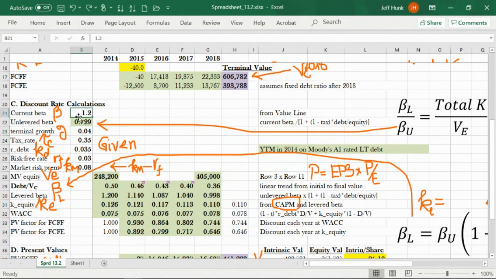Current beta is given, they just took the beta from something like Value Line or Morningstar. Terminal growth rate was already given, tax rate is given, and return on debt, in other words, interest rate or cost of debt, is given. Risk-free return is given. And think about it. The return on debt or cost of debt and risk-free return are pretty much aligned.